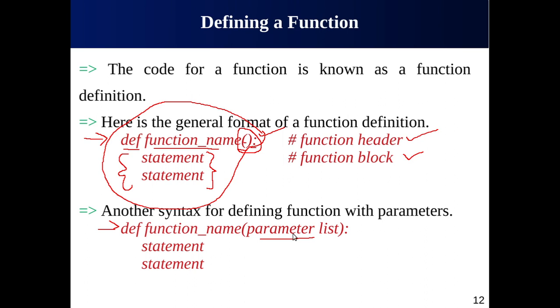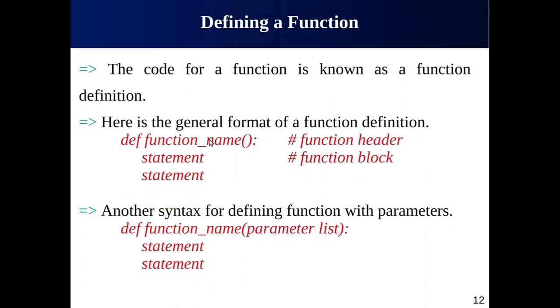Remember, these are optional, as not all functions need to be supplied with parameters. Here you can see the parameters are not provided in this case. Parentheses are empty. Sometimes we require them, other times we do not. And a colon is used to mark the end of the function header. This is important. If you do not put it, you will get an error.